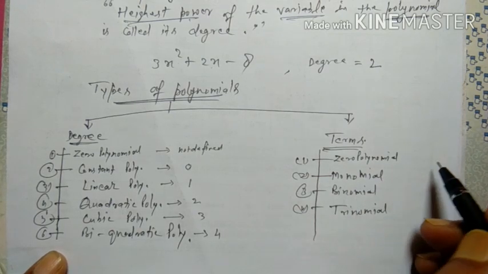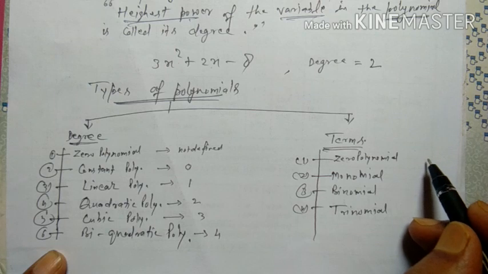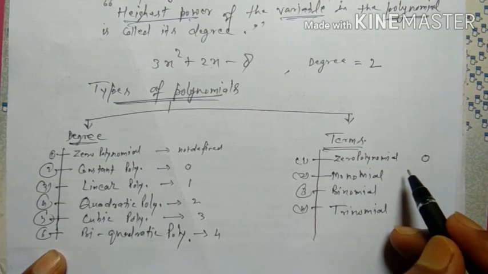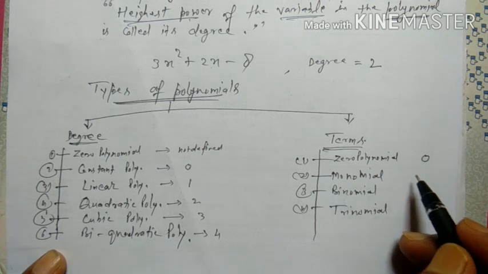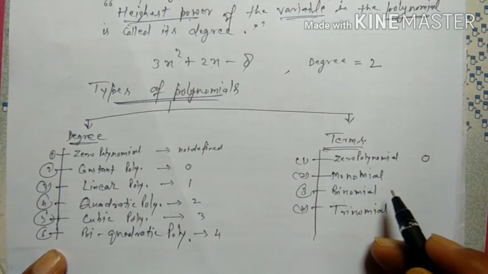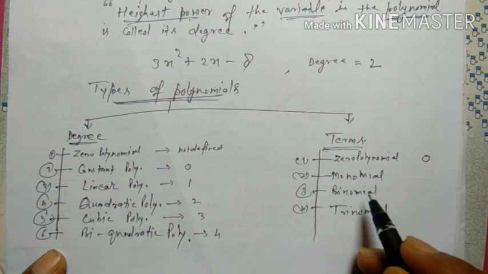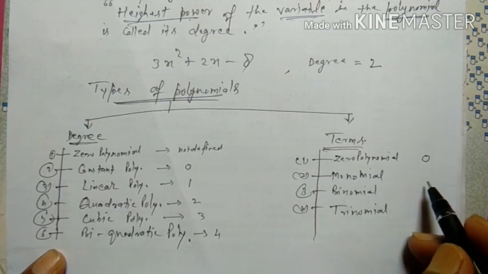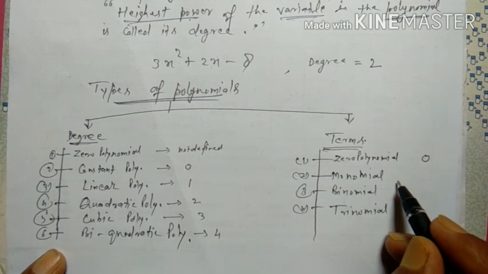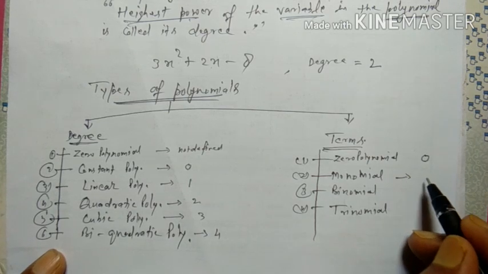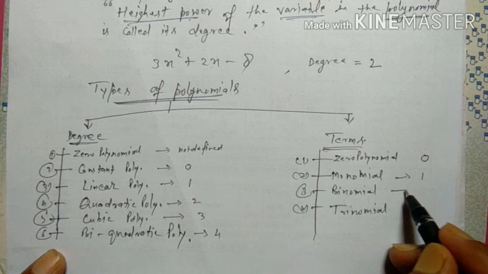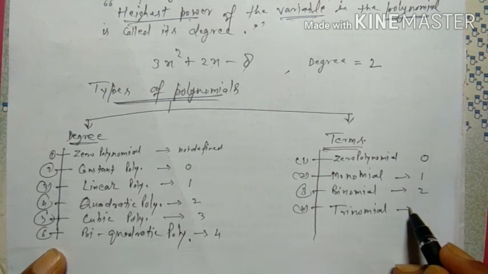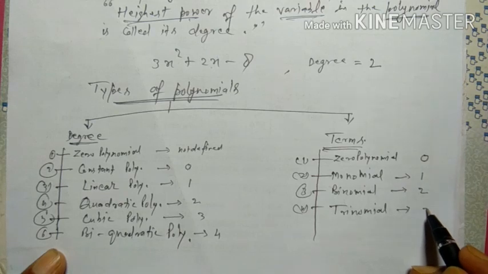When the number of terms is 0, then this is known as a zero polynomial. And monomial, when there is 1 term. Binomial, when there are 2 terms, and trinomial, when there are 3 terms.